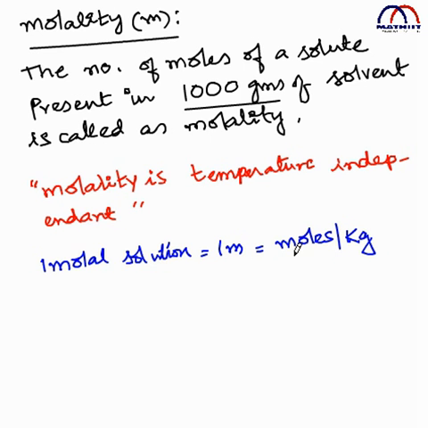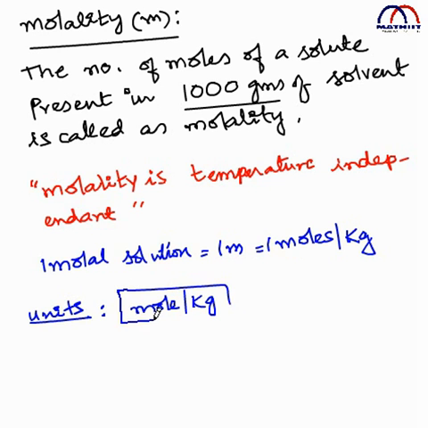The number of moles per kilogram gives you the molal solution, that is 1 mole per kilogram. So the units of molality are always moles per kilogram.